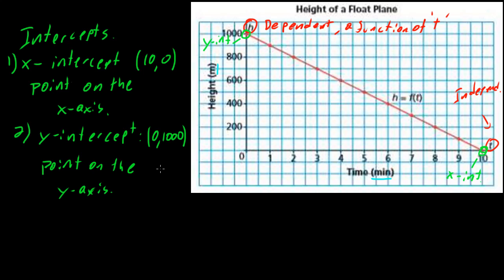When you're finding x-intercepts, you set your y-coordinate, or you set your function, to be 0. Function is 0, right? H is a function of t. So if we set h to be 0, like the height, which is a function of t, our function is 0, and our time value, our x value here, or t value, is going to be 10.